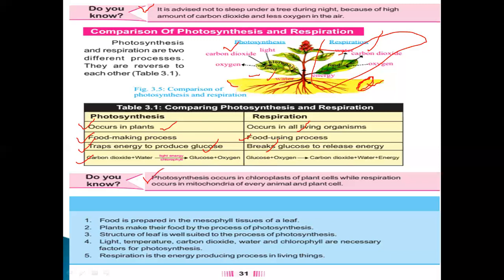Do you know there is another fact: photosynthesis occurs in the chloroplast of plant cells? Yes, that can be another difference between photosynthesis and respiration: photosynthesis is done in chloroplast, but respiration is done in mitochondria, because mitochondria is present in every animal and plant cell.